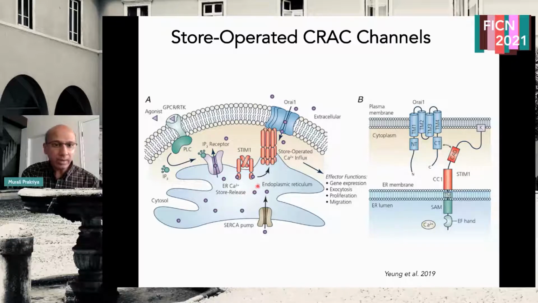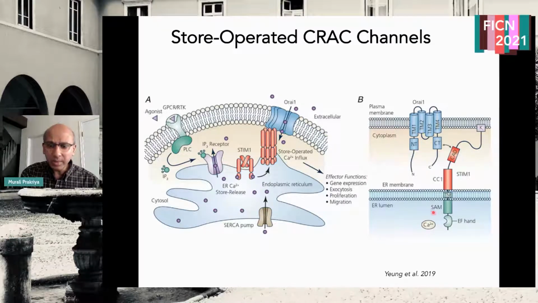That lowering then activates these calcium channels in the plasma membrane, which produces calcium influx into the cell. That calcium influx not only refills the endoplasmic reticulum store, but also directly activates a variety of effector functions that can range from gene expression to regulation of migration, synaptic plasticity, exocytosis, and so forth.